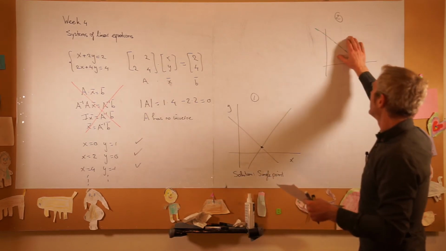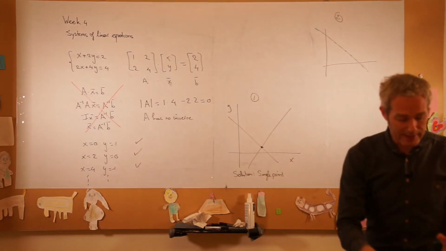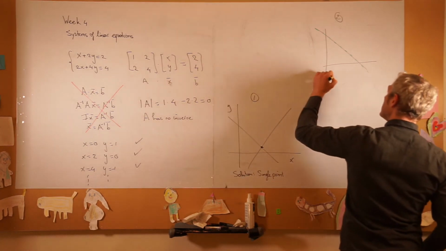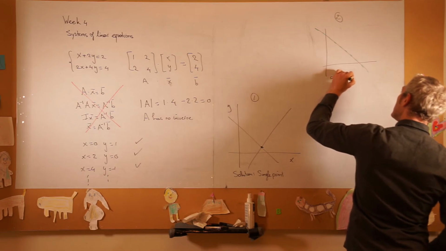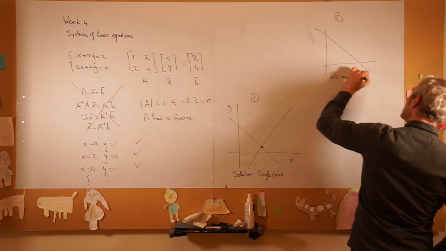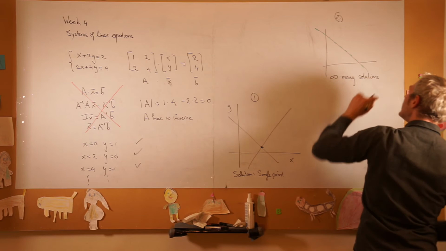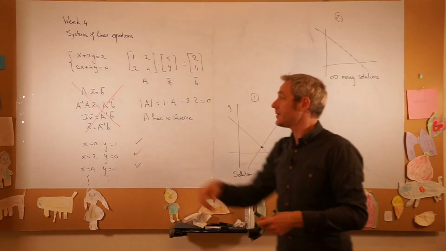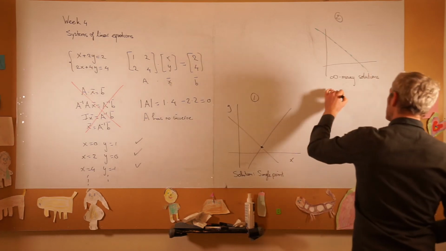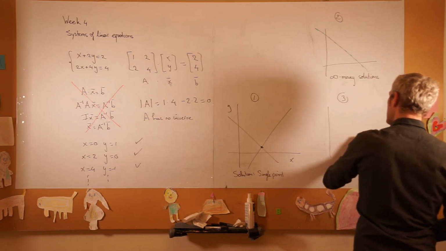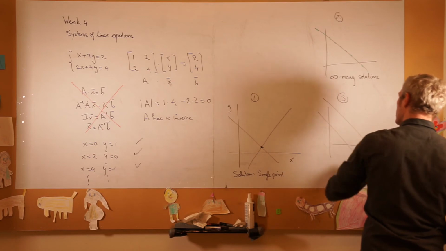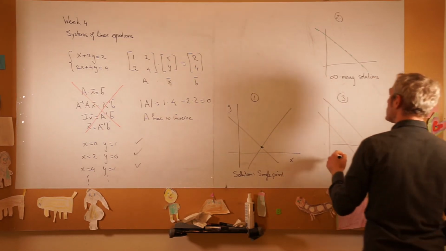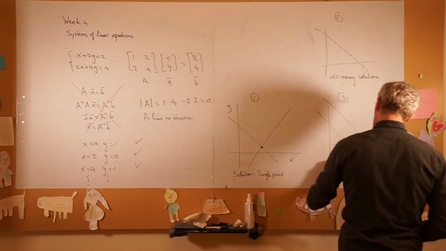Now, if we have two lines that are completely the same, we get infinitely many solutions, because every point on this line is a solution to this set of equations. The third situation is where the lines don't cross. There is no intersection between these lines, so there are no solutions.